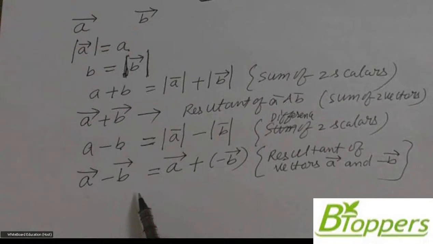So the vector difference A bar minus B bar is defined as the vector sum of the two vectors A bar and minus B bar.